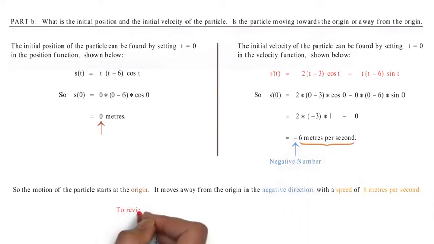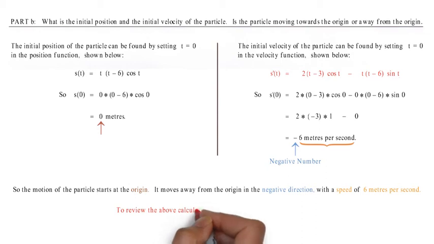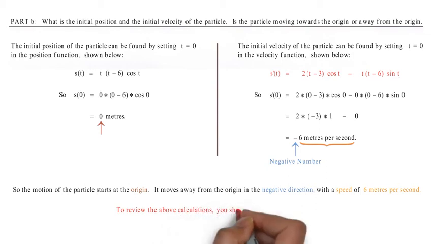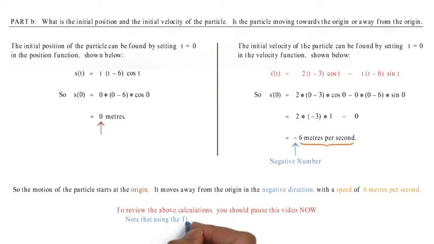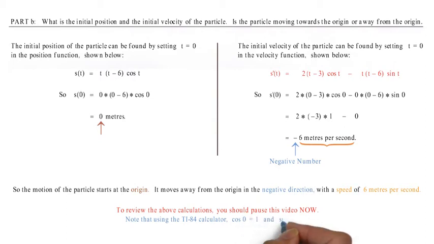To review the above calculations, you should pause this video now. Note that using the TI-84 calculator, cos 0 = 1 and sin 0 = 0.